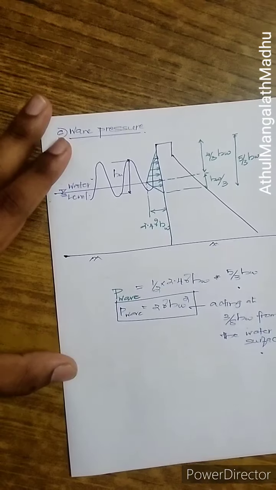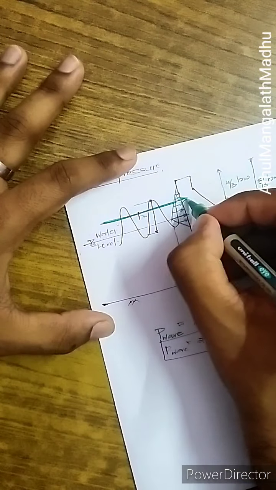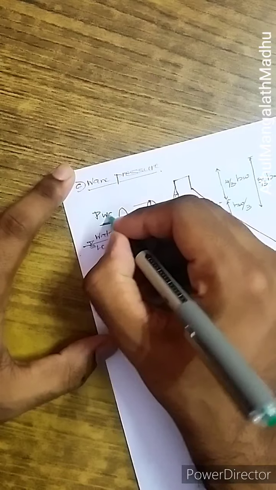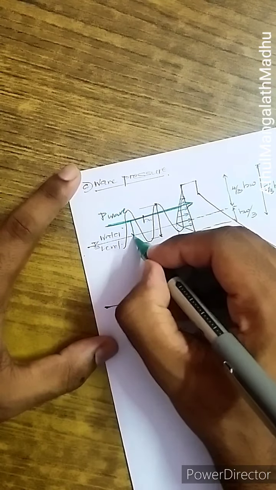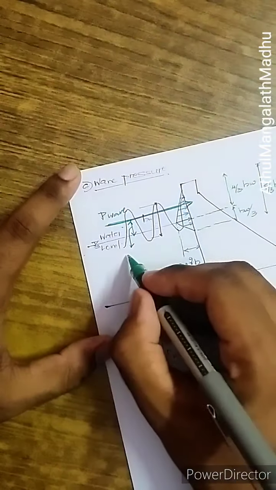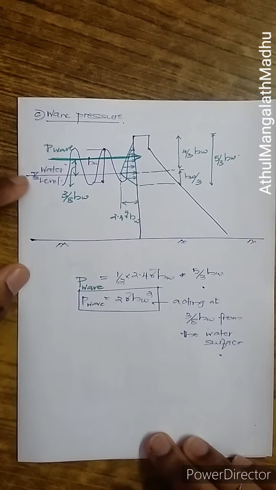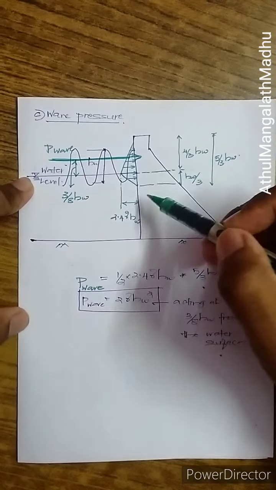You have got the wave pressure and where it is acting, so I'll be drawing it. You have the wave pressure acting like this, just making it quite big so that you can understand. This is the pressure of the wave, and this is acting at a height which is nothing but 3 by 8 HW. So this is how the wave pressure is acting. The wave pressure is triangular in nature.